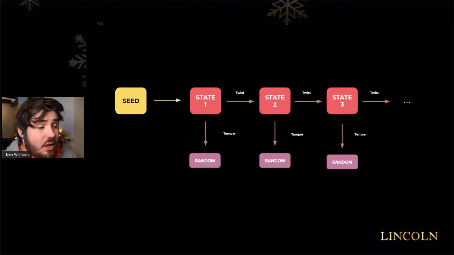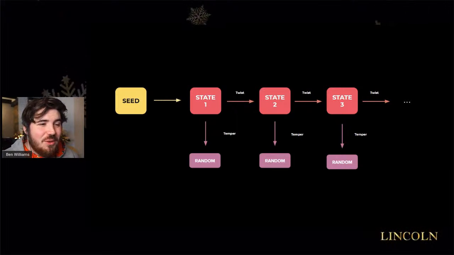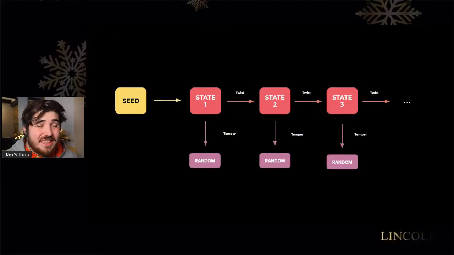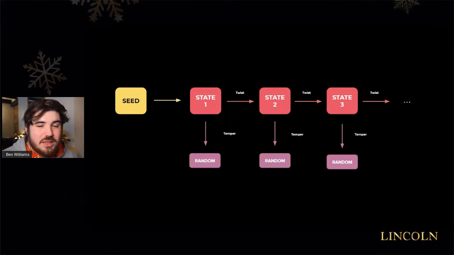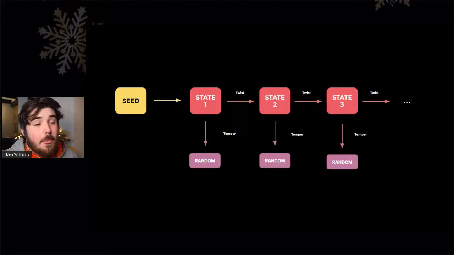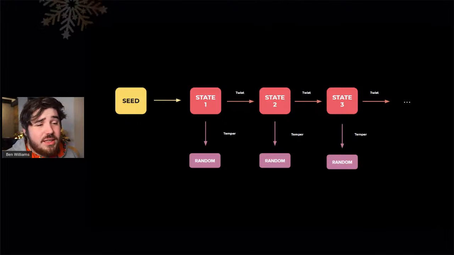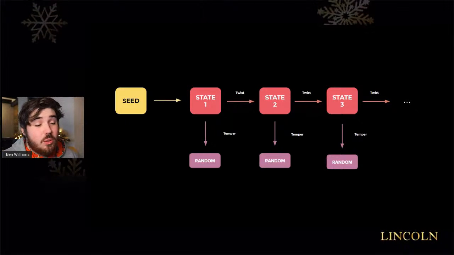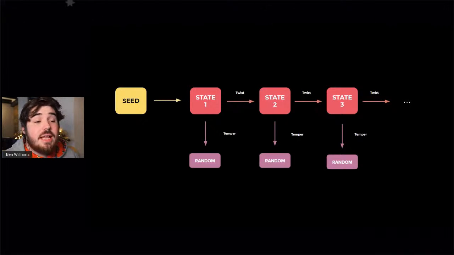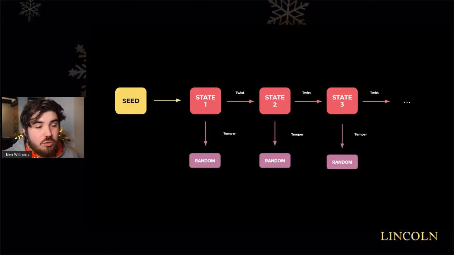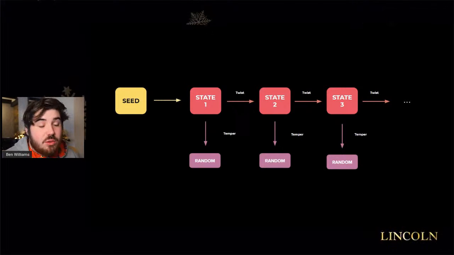So we have essentially one process which twists the state, so it transforms state 1 to state 2 and state 2 to state 3. And we also have this secondary process where we temper the results. So if we want a random output, then we use another function to temper that result, so modify the state into a random number.